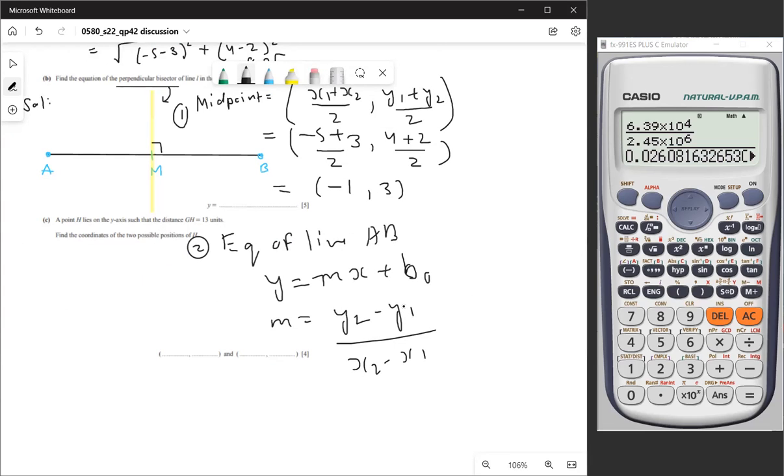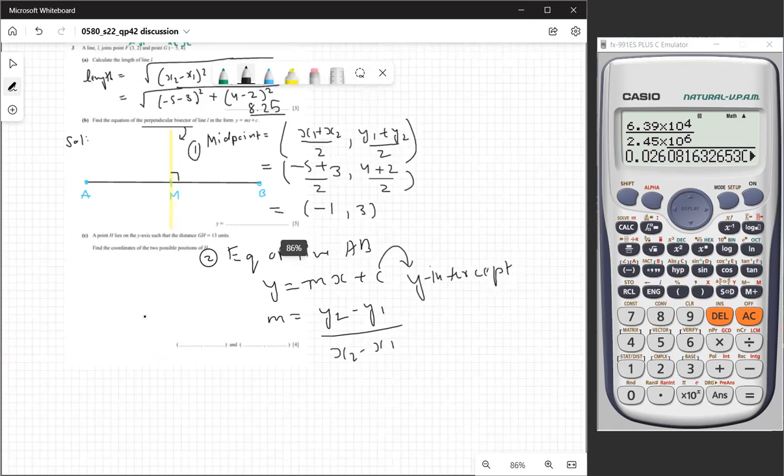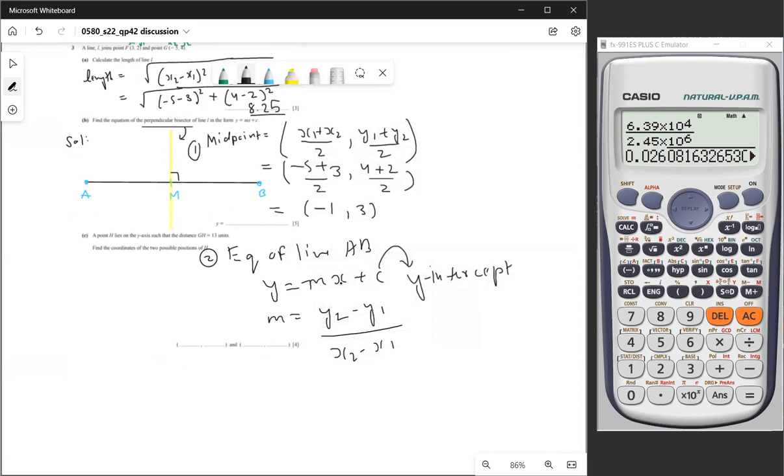It's sometimes called b0 as well, or it's also called c. Now c is what you're using. It's called y-intercept. In class 10, 11, 12, and everywhere you're going to use this. Even in university, it's y equals mx plus c.